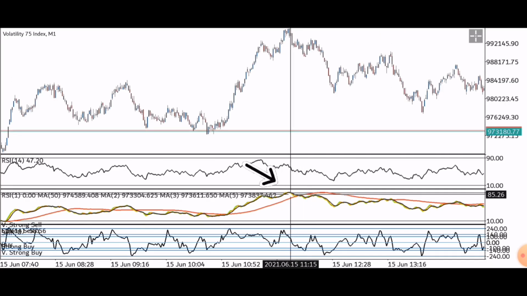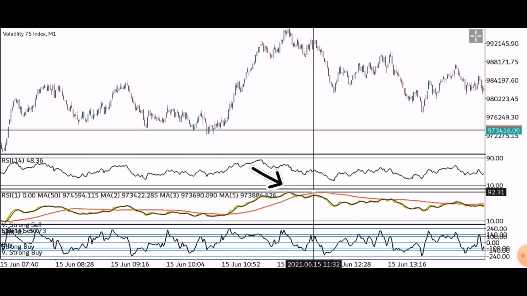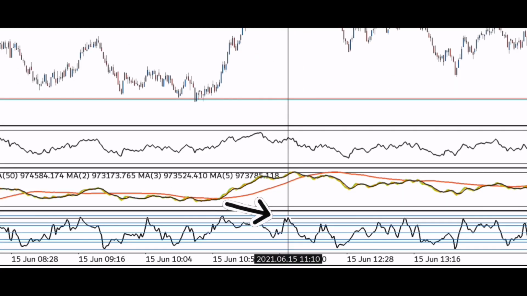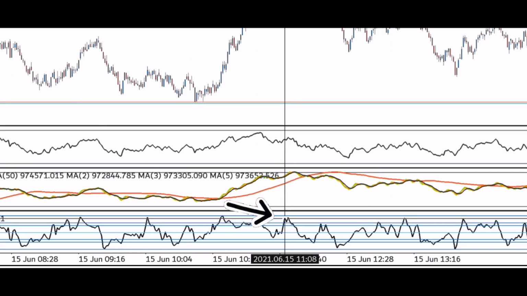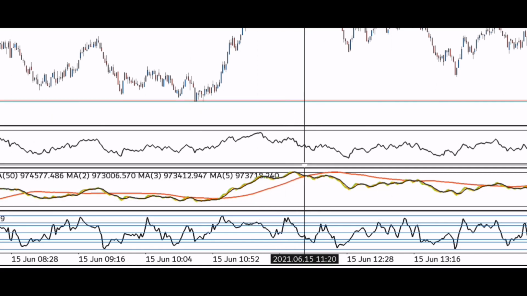Now, in this same RSI, we have about 3 entry points, and I'm going to show you the entry points, and I'm going to tell you the best point where you should get in. Now, the next is the commodity channel index. We have price at the very strong sell or the strong sell zone, and that gives us a confirmation. Now, how do you make your entry? I'm going to show you that now.